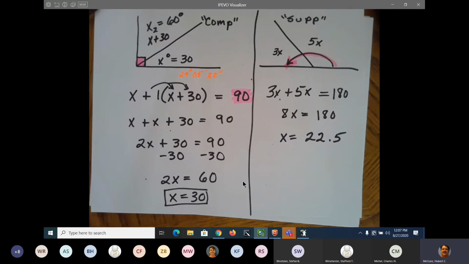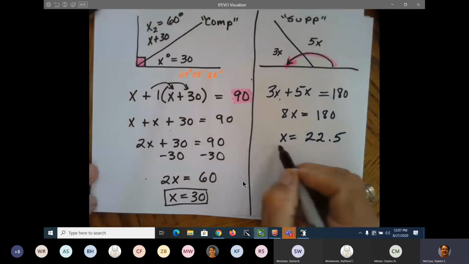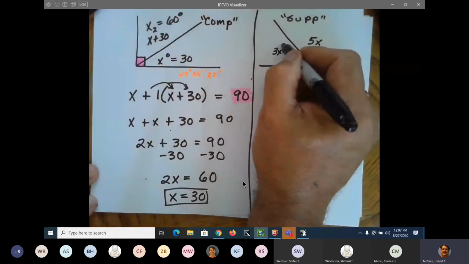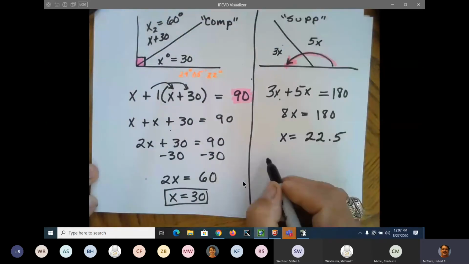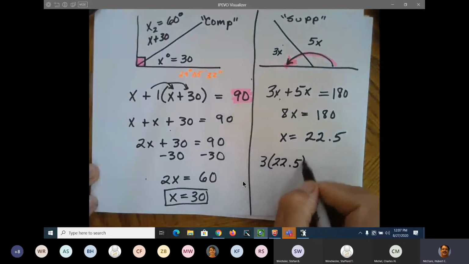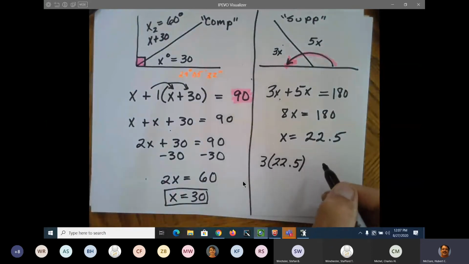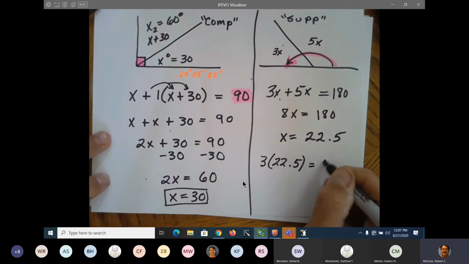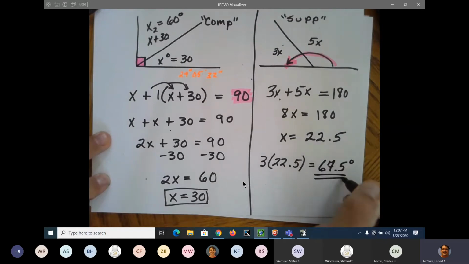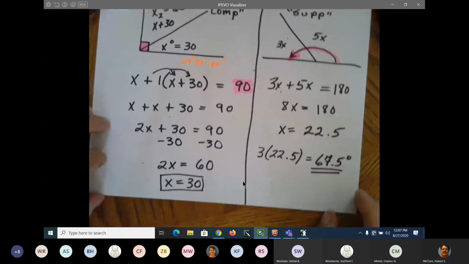That's right. Okay, now, you know that that degree is 22.5, but that's not your answer. You've got to take that x and plug it in here. So 3 times 22.5 is going to be 67.5. I think it's 67.5. Somebody check me. That's right.